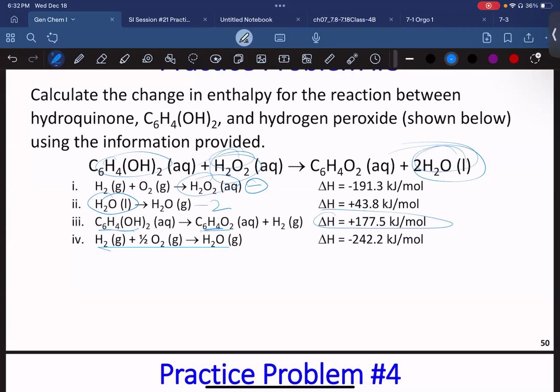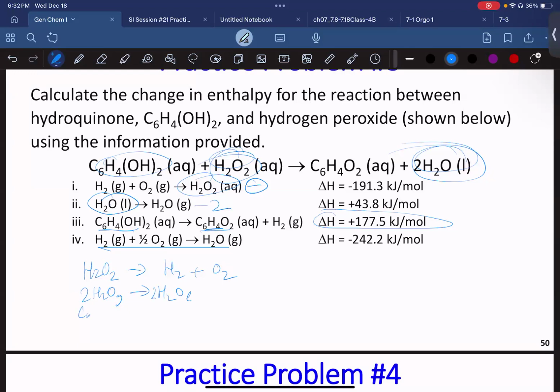So in the first reaction, it's H2O2 yields H2 plus O2. The second one is 2 H2O, gas, yields 2 H2 plus O2, liquid.